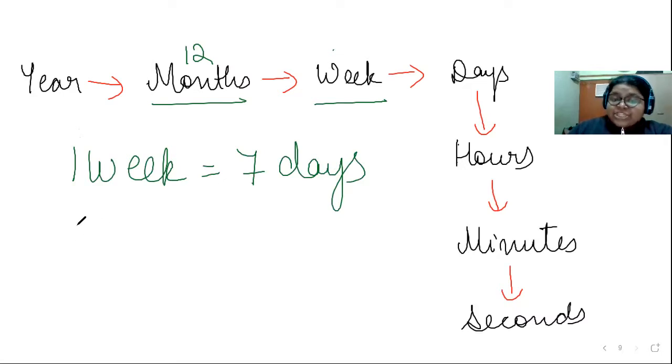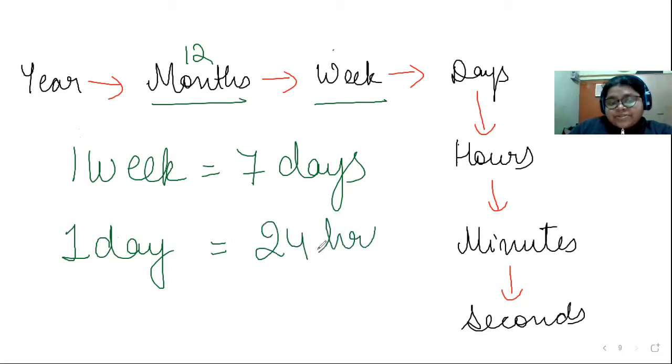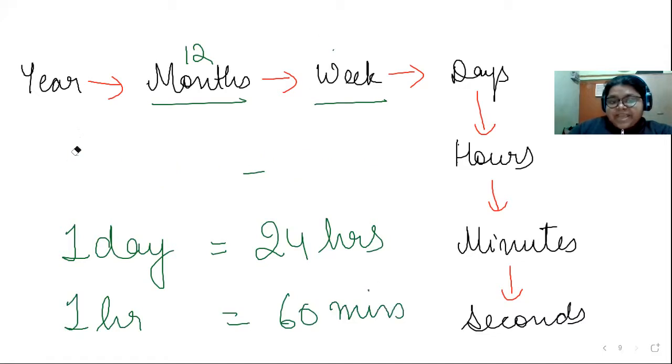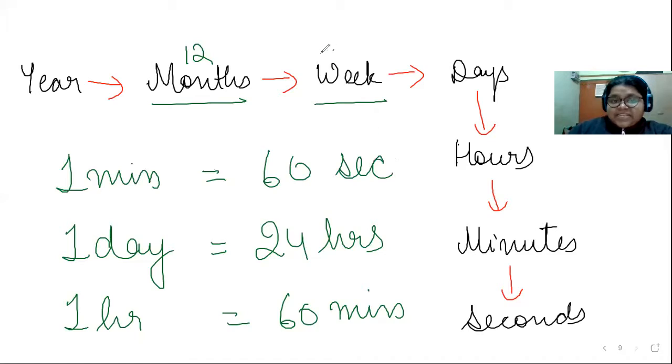Now, 1 day has 24 hours. 1 hour has 60 minutes, and 1 minute has 60 seconds. So just understand how it goes.